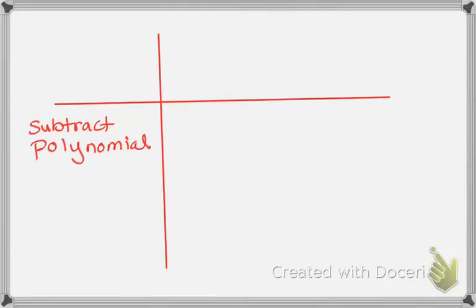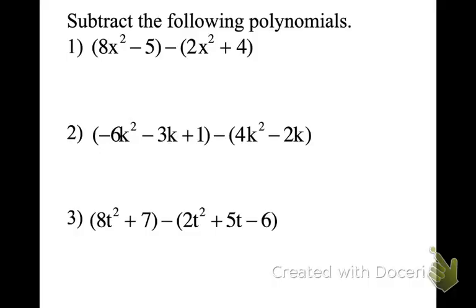Okay, and then you're going to write the problem right here. The problem is 8x squared minus 5 minus the quantity of 2x squared plus 4.